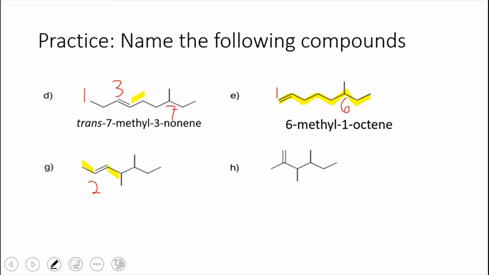Notice that your substituents now are going to be at positions 4 and 5 on the chain. So when we name this compound, we're going to indicate those positions. Again, remember, the double bond takes precedence. So this would then be trans-4,5-dimethyl-2-heptene.